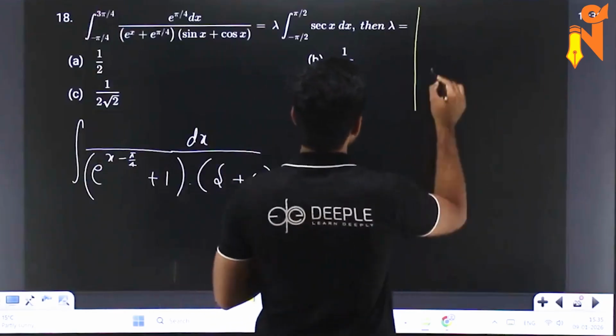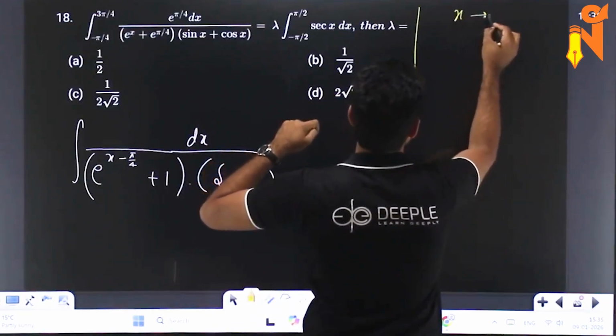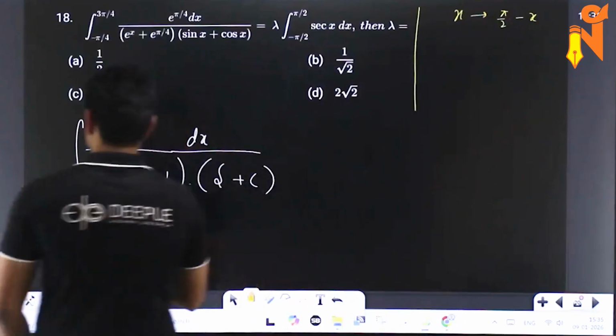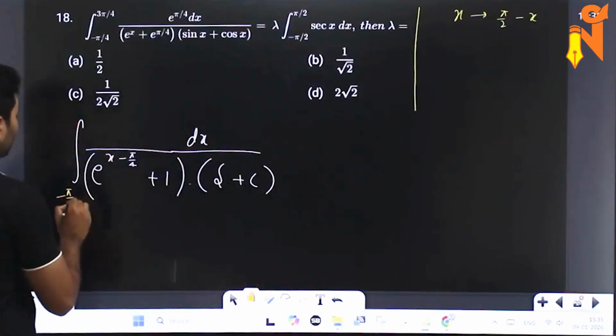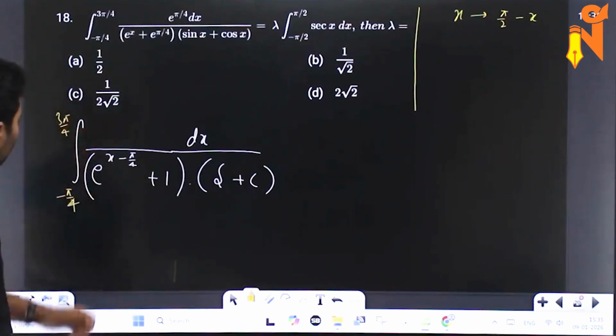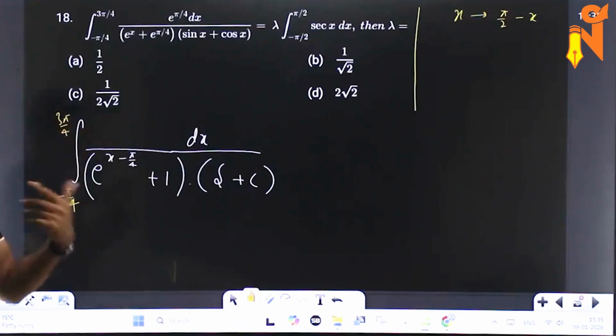So how much is a plus b? A plus b is pi by 2. So replace x with pi by 2 minus x. Put it here. The limit will not change, obviously. I hope you know this property. If you know this property, very good.